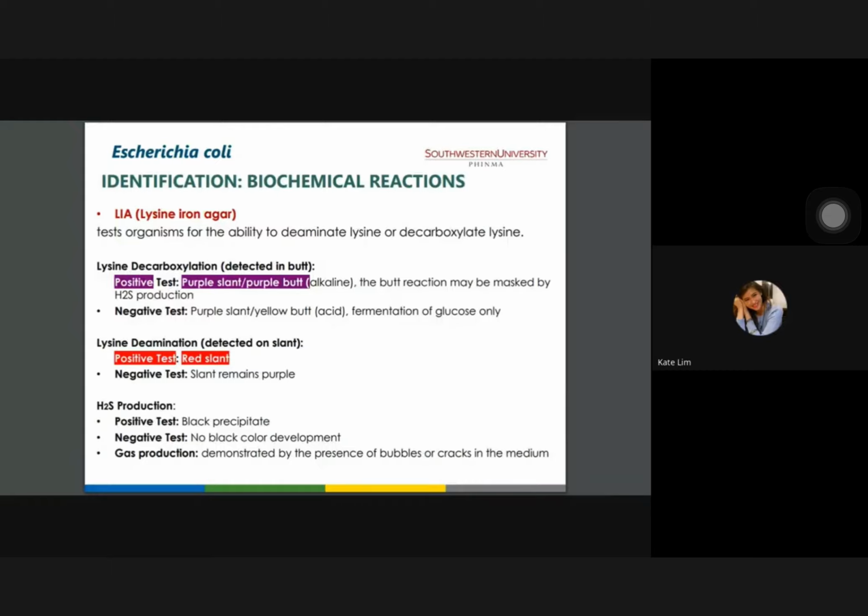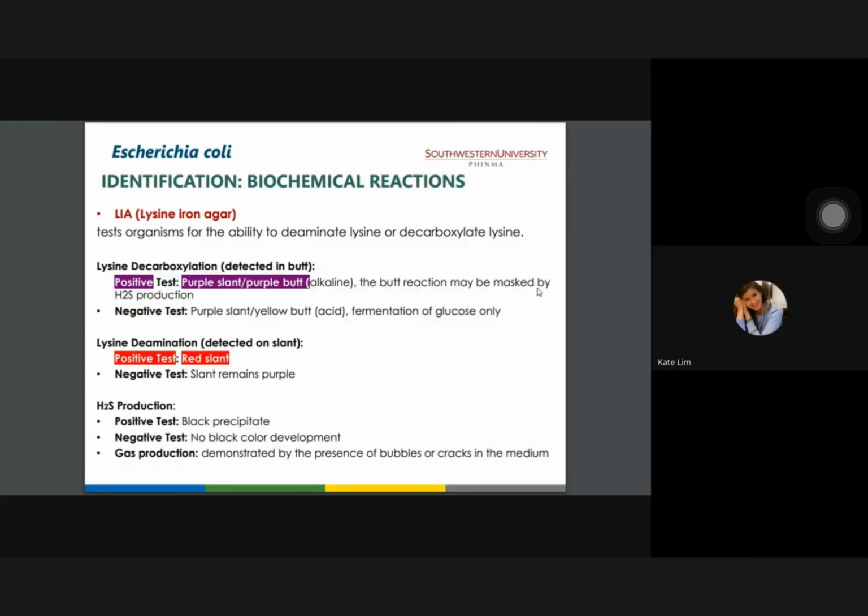In LIA, we could actually detect three things, sorry class, three things. Number one is the ability of the bacteria to deaminate lysine. Number two, the ability of the bacteria to decarboxylate lysine.